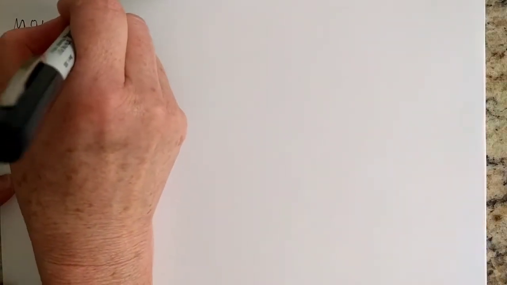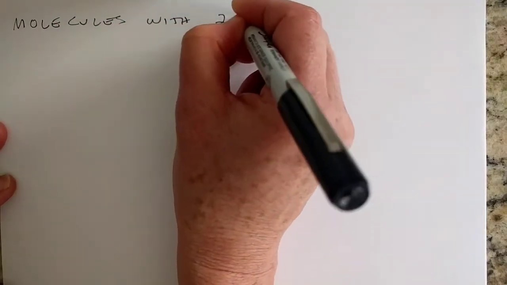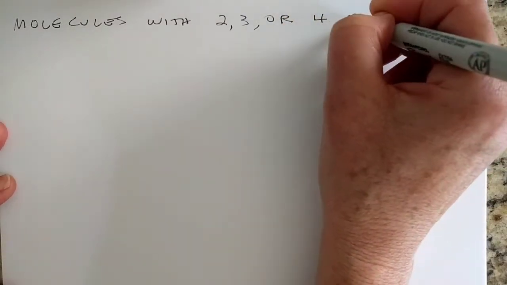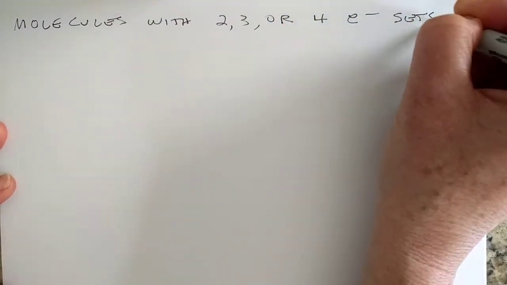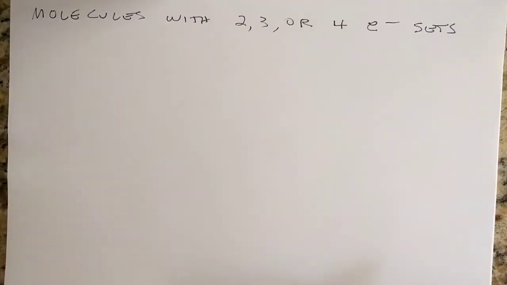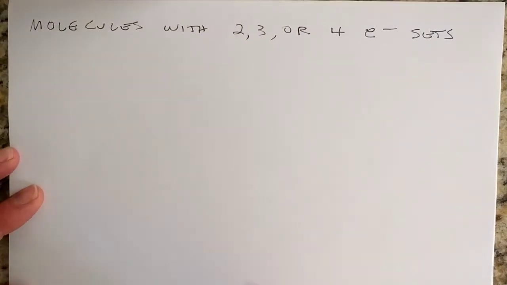Okay, what about when we have molecules with 2, 3, or 4 electron sets? To determine the polarity, we're going to look at the geometry of the molecule as well as the bond polarities.